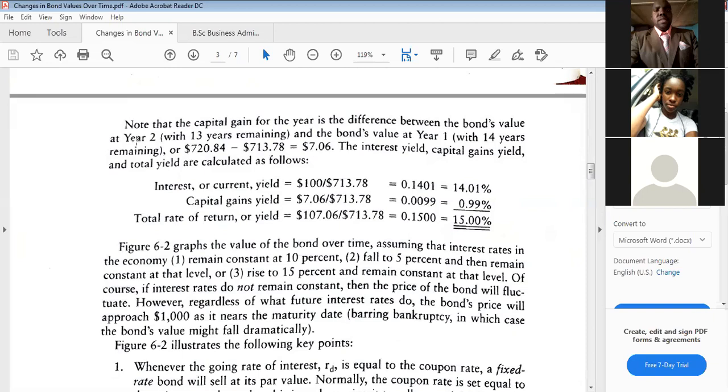So now the interest yield, capital gains yield, and total yield are calculated as follows.